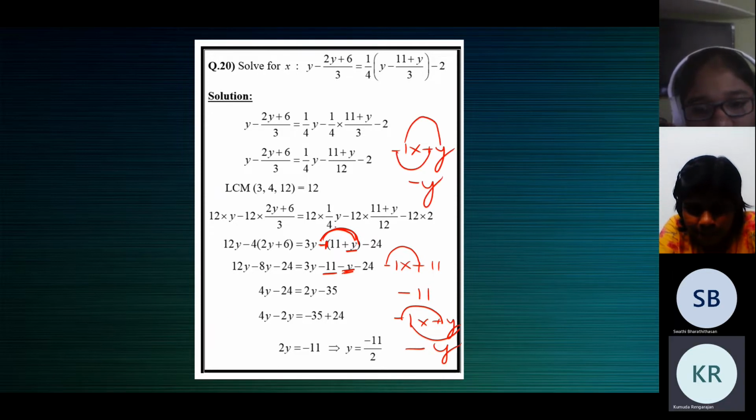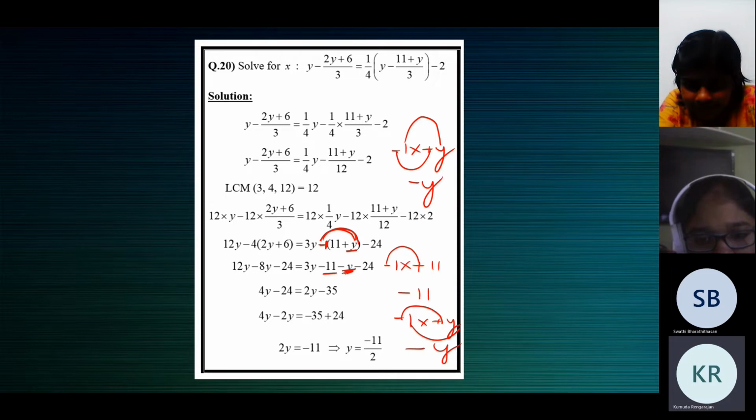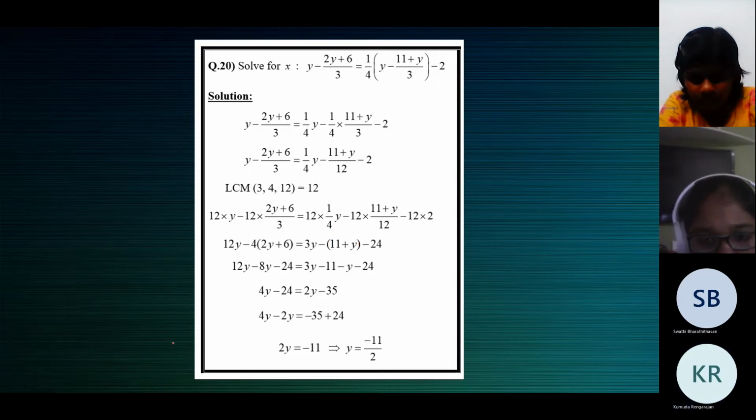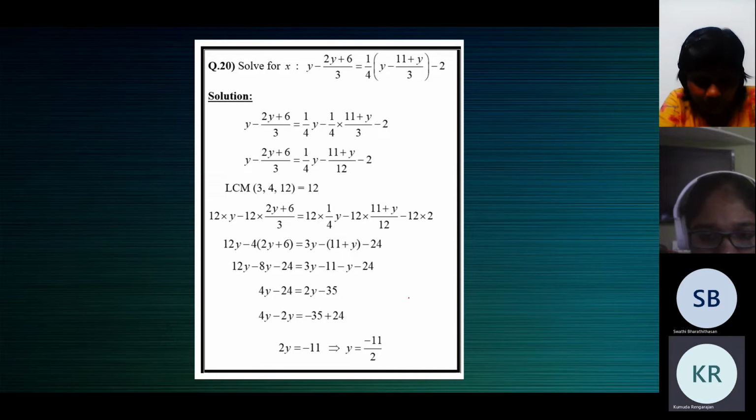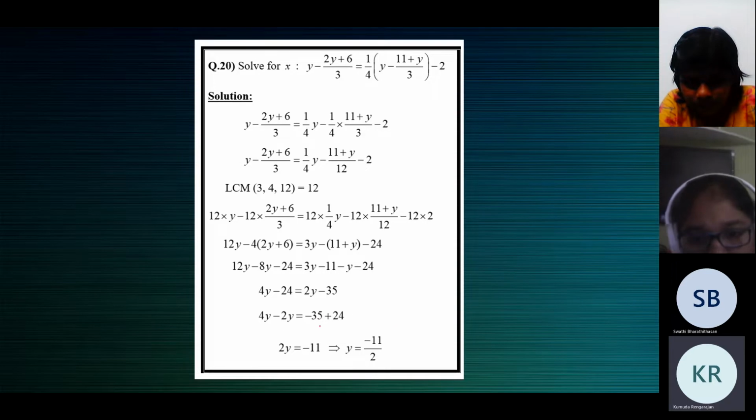Minus into plus is minus. Okay, ma'am. Minus y. Minus 24. Now you know what to do. You'll have to transpose and gather the y terms on one side, numbers on the other side, and find the value of y.